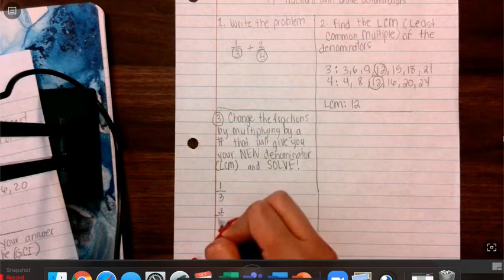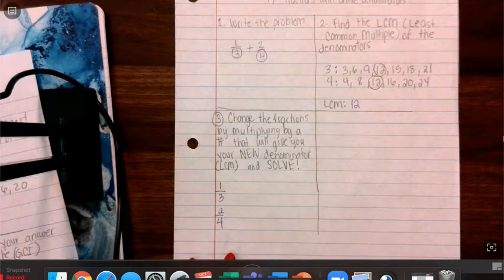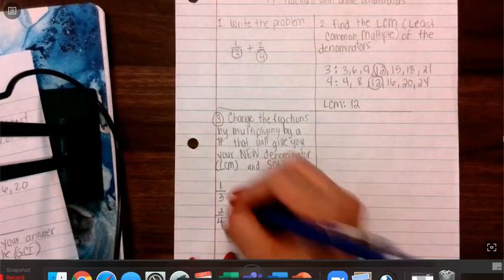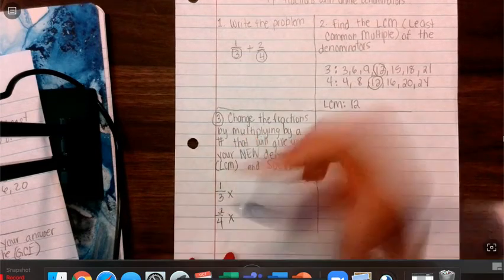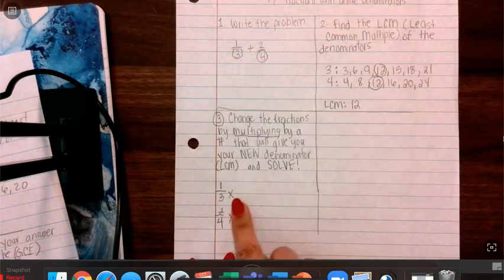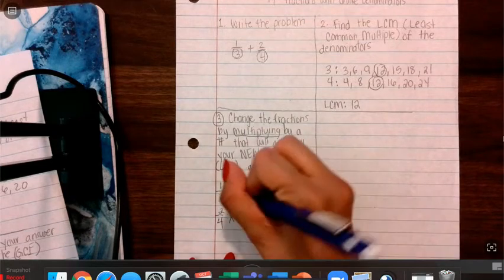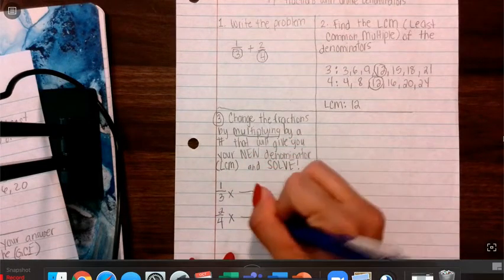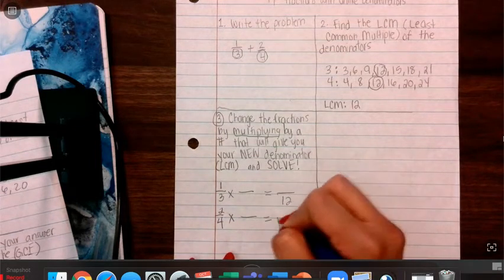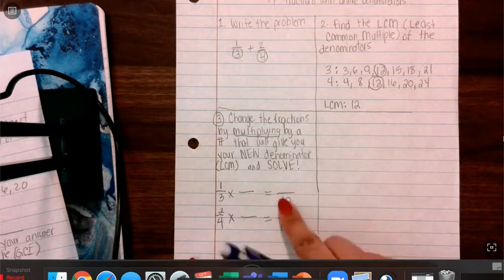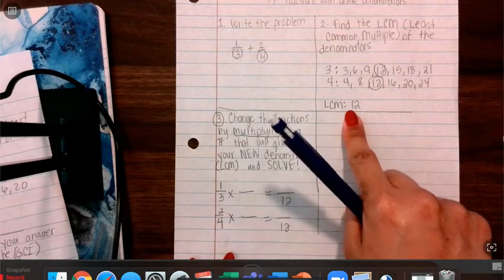I have to change both. I change them by multiplying. I have to make it equal to 12 because 12 is what we want as our denominator. We found that out. That's our LCM, and it's going to be our new denominator.